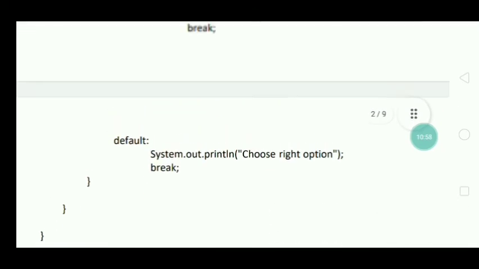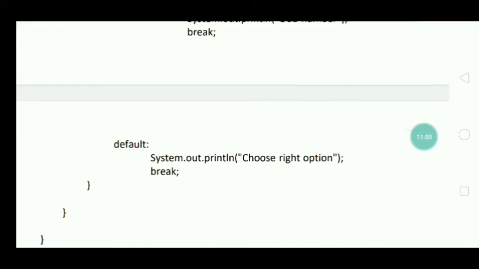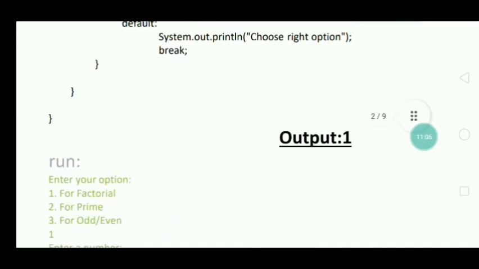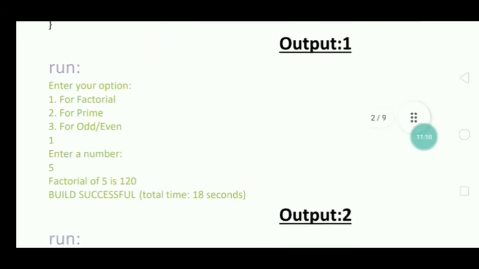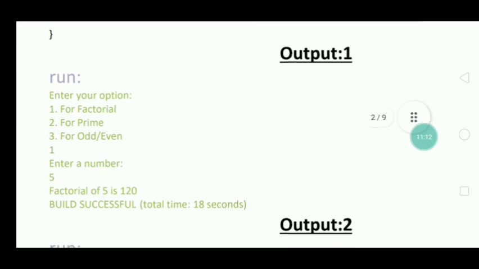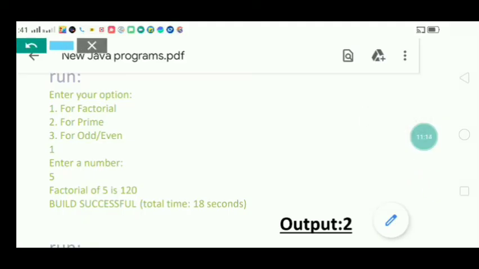So in this way, using the switch case statement, you can perform different options. Here I have shown you the output. This is the output when I chose option 1. It asks you to enter a number.